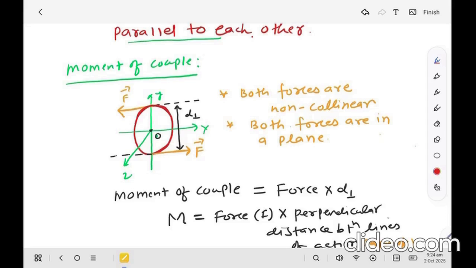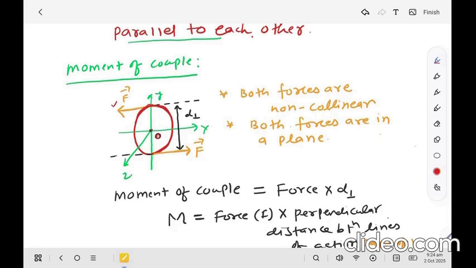This is the center of the object, and let's say one force is acting at this point and another force is acting at this point. Both forces are of the same magnitude and acting in opposite direction to each other. So this is a couple acting on this body.